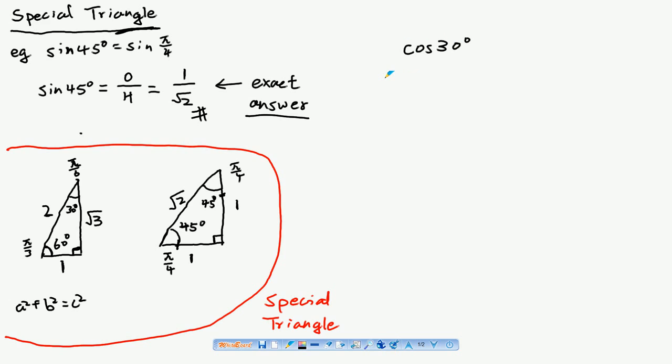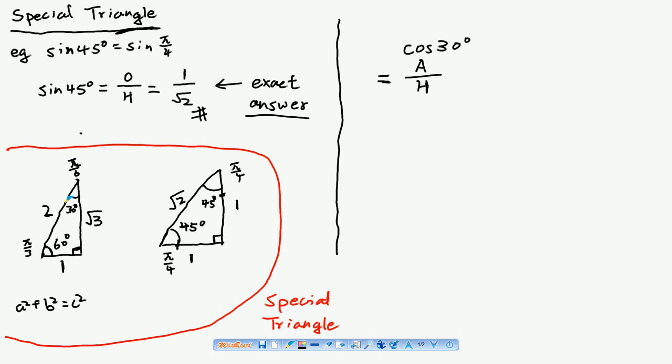The 30-degree angle is there, and to solve cos we have to use adjacent on hypotenuse.